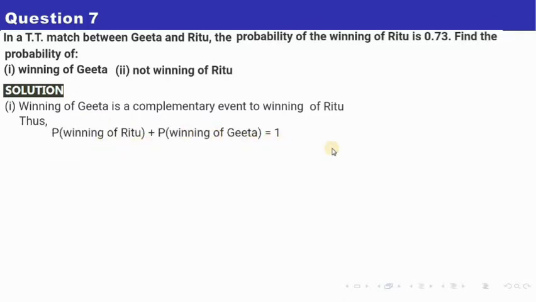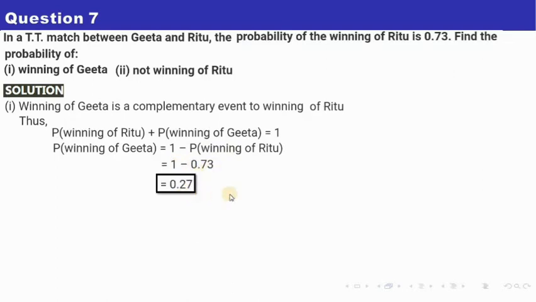We need to calculate the probability of winning of Geeta. We know the probability of winning of Ritu is given to be 0.73. So let me put the value. 1 minus 0.73 is 0.27. So my first answer is 0.27.